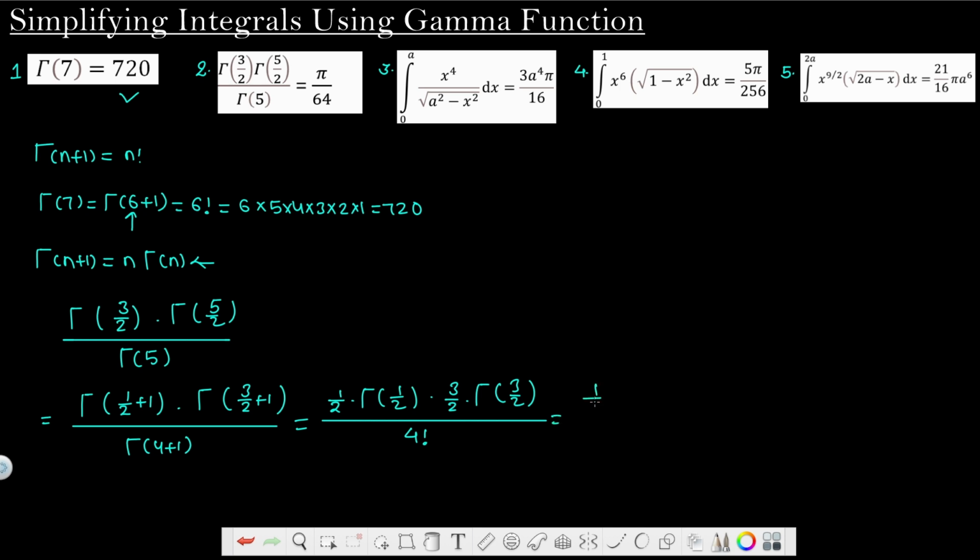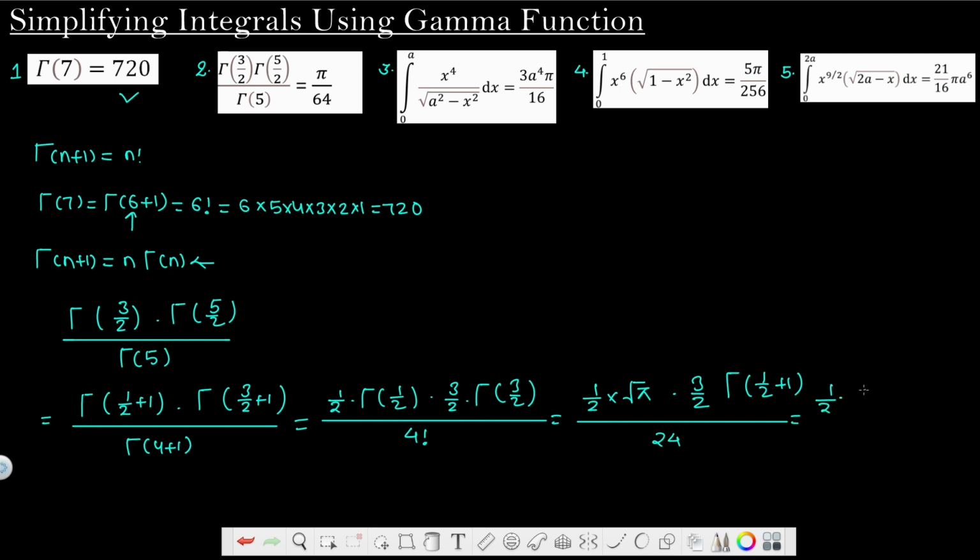Gamma 1 over 2 is square root of pi, and gamma 3 over 2 is the same as gamma 1 over 2 plus 1. And 4 factorial is 24.